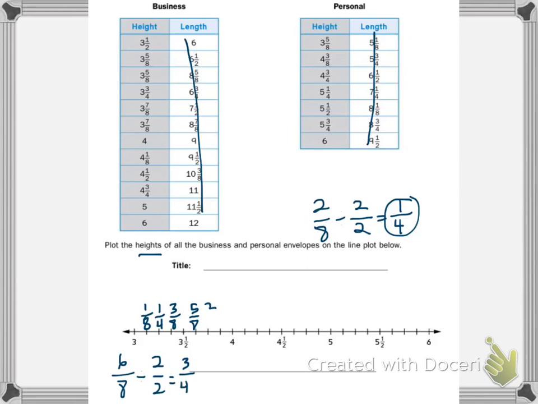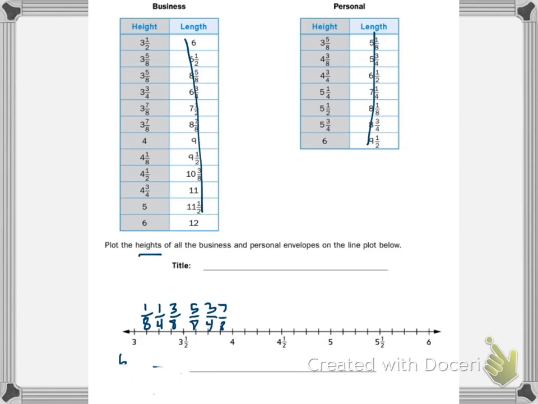So it's actually 3/4. Then after 6/8 would be 7/8, and then you have your 4, which would be 8/8. If you want to, you can fill those in for the rest of this number line, or if you just want to leave the first ones to help you with the rest of them, that's fine too.